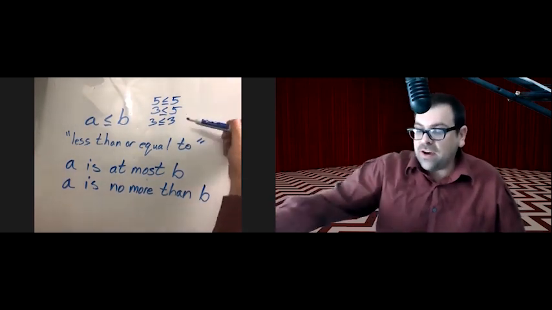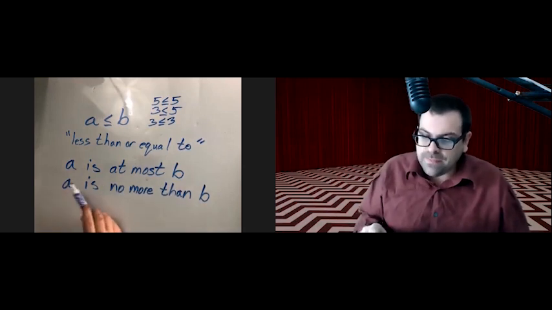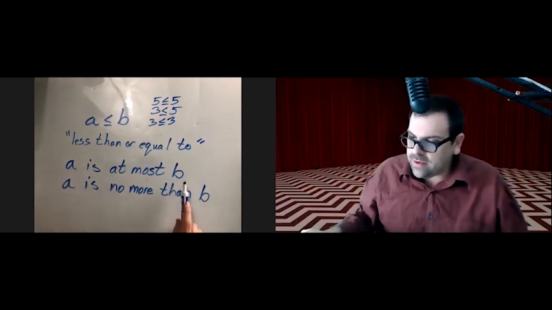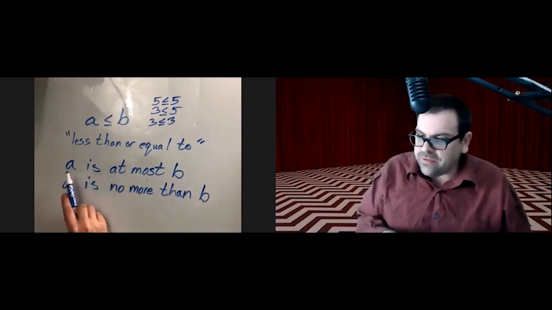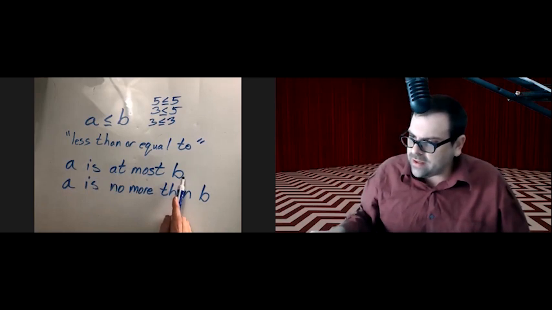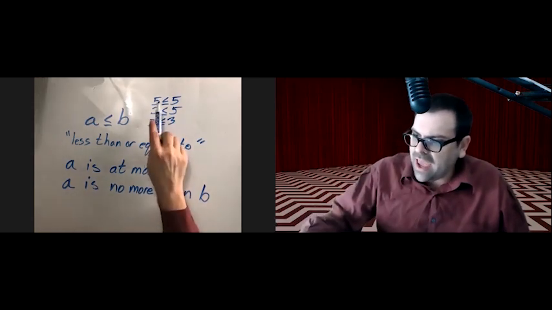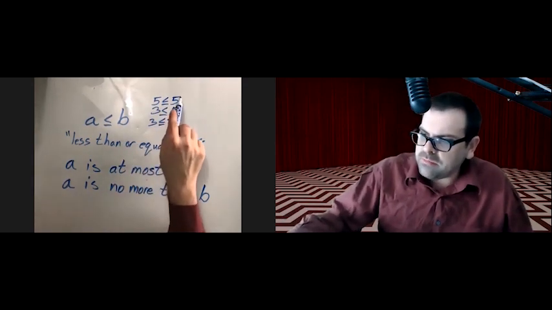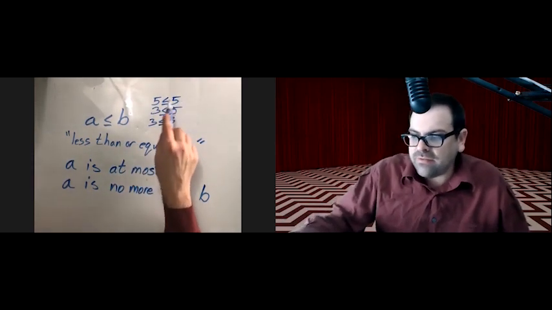So using these values, let's look at these English ones. A is at most B. So that would mean the first thing is at most the second thing. Is 5 at most 5? Yes. It's at most 5 because it's not higher than 5.